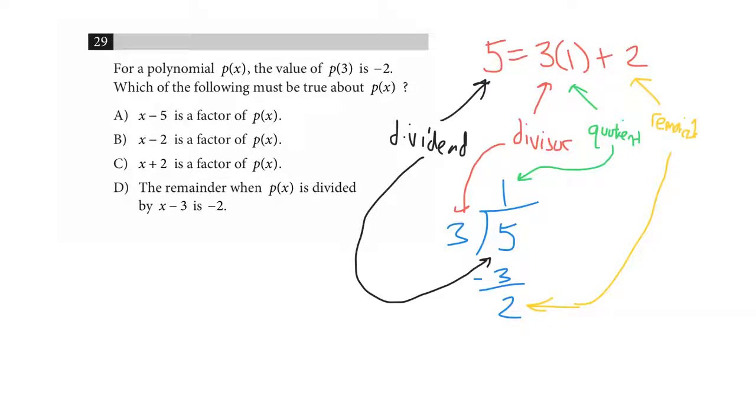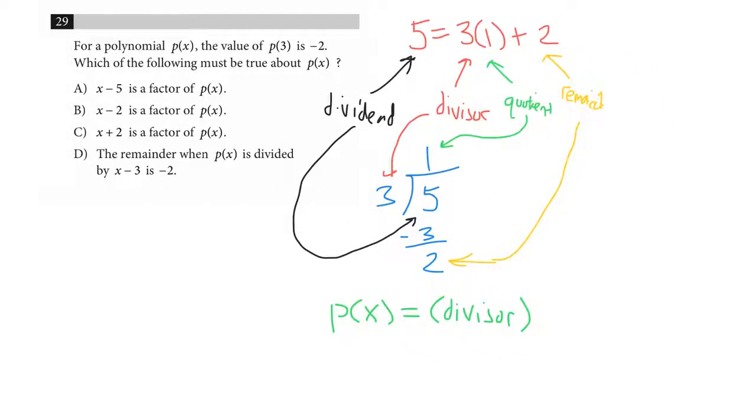If we were to apply this structure and this reasoning process to polynomials, let's just be clear about it, it would result in something like p of x equals, we'll just say divisor, times the quotient, which I'm actually going to call q of x, plus the remainder. All right, so p of x is going to be some divisor, who knows what that is, times the quotient, plus the remainder.